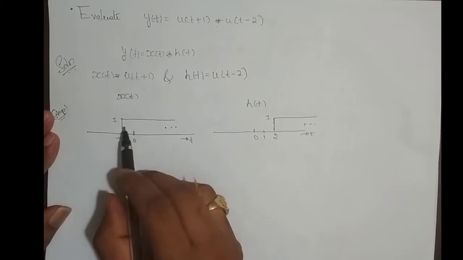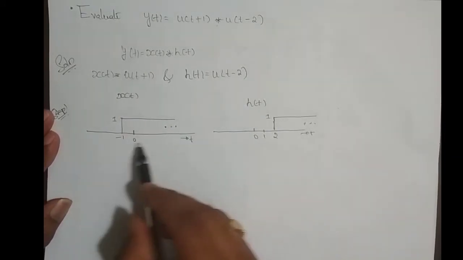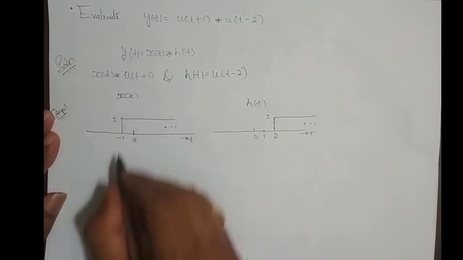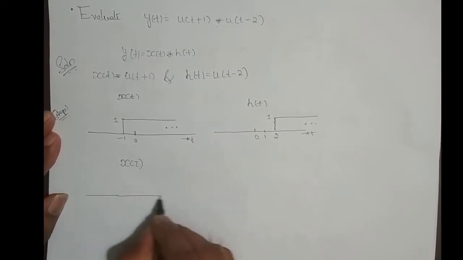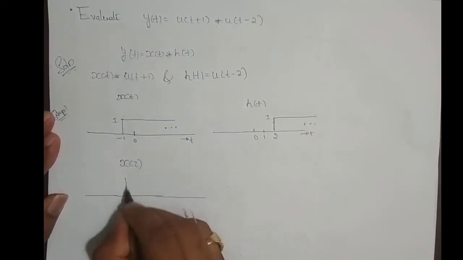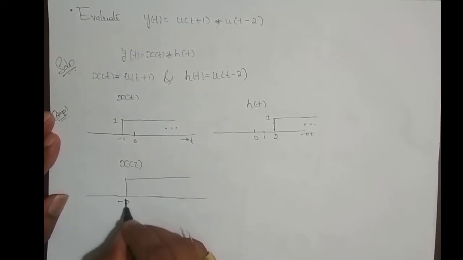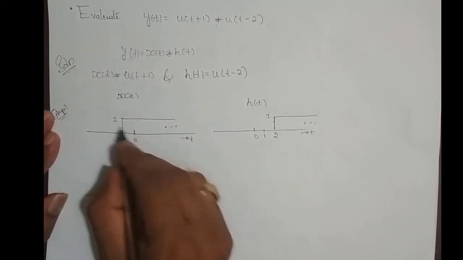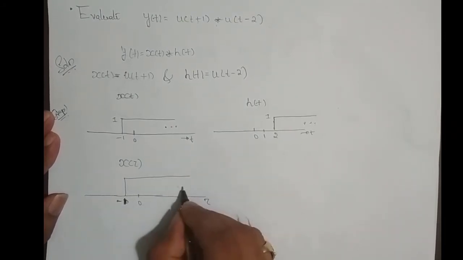I have to bring the independent variable in the form of tau. So I have to get x of tau. It's nothing but just changing the independent variable. This is minus 1, same as this figure, but with the independent variable changed. This is tau, this is 0.